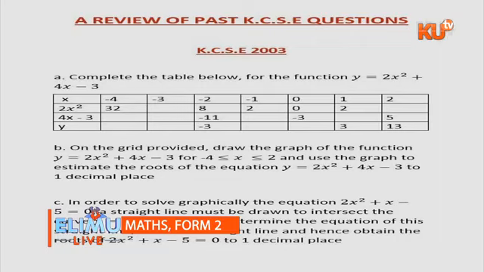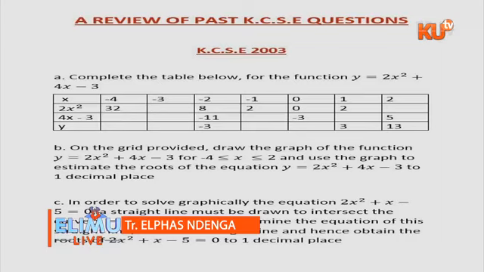As you can see on your screen, the table is drawn with the columns for x, for 2x squared, for 4x minus 3, and then y. The values of x range from -4, -3, -2, -1, 0, 1, and 2.